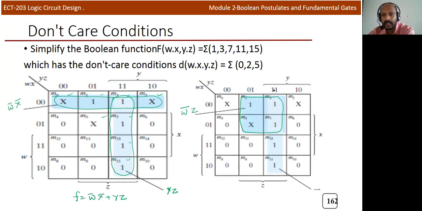Okay, so it is common, and now the other group is same. Okay, for this particular group I can write it's y z. Now I can combine this result. So f is equal to w bar z plus y z.